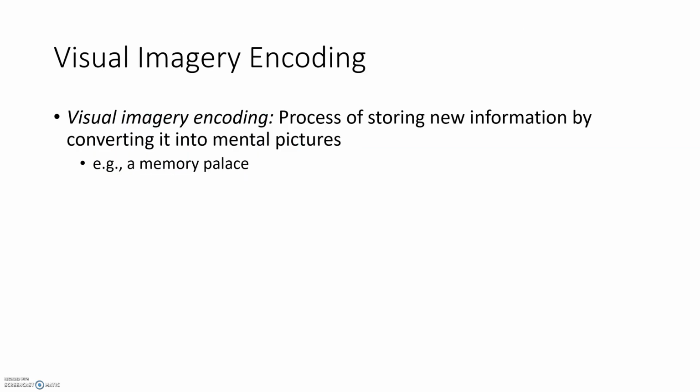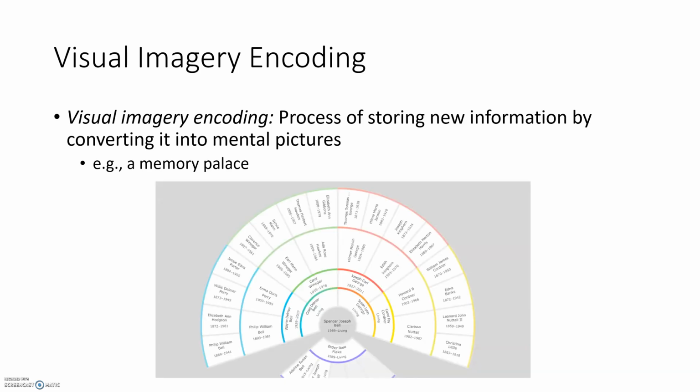This is another method for encoding using visual imagery. So converting new information to mental pictures. One trick that you can use, and this is a study tip, is to create what's called a memory palace in your mind.